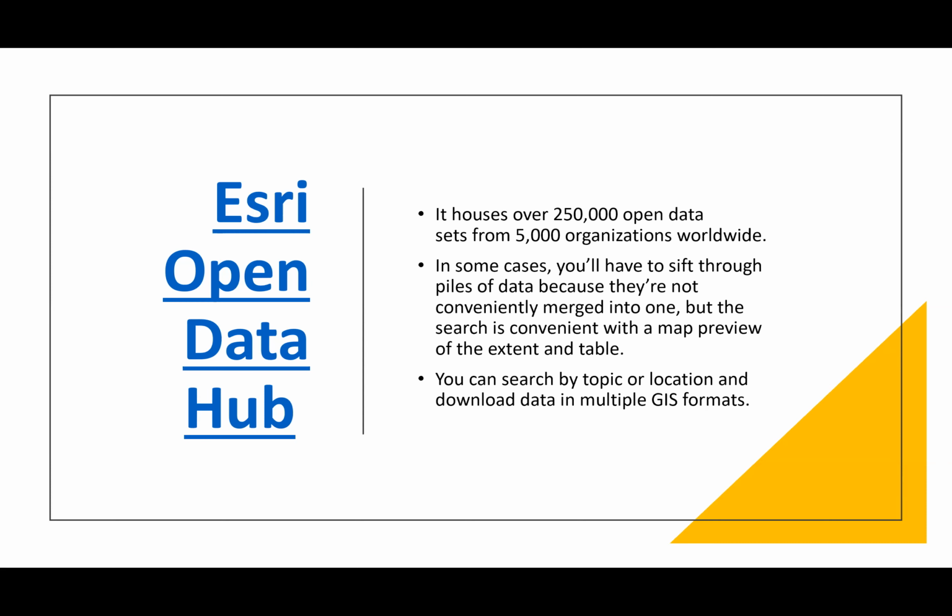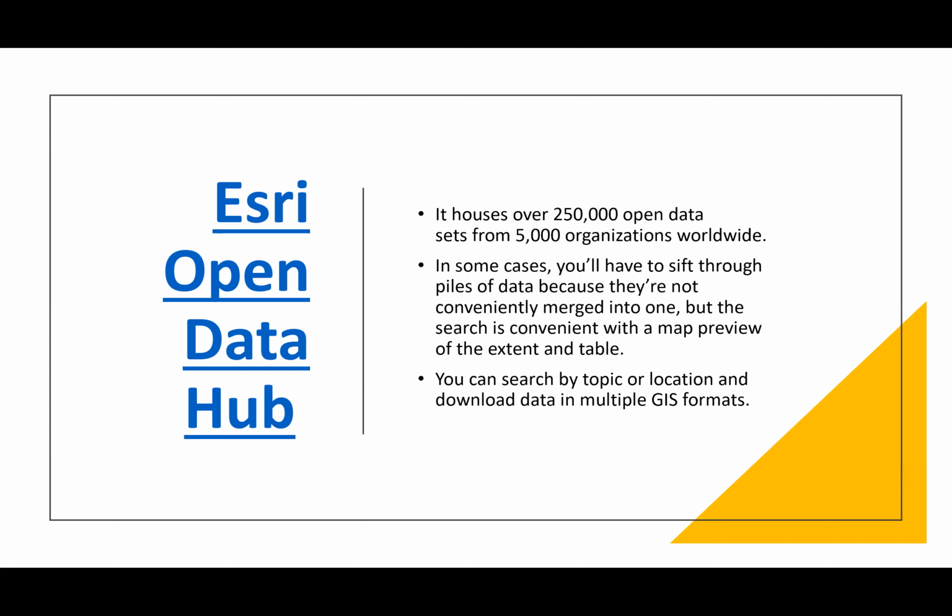One of the first examples, and probably a pretty standard go-to for your first round of looking, is Esri's Open Data Hub. I've mentioned Esri before. Esri ArcGIS is the leading proprietary GIS software, and what you'll learn in methods and applications if you go on with the courses in GIS.